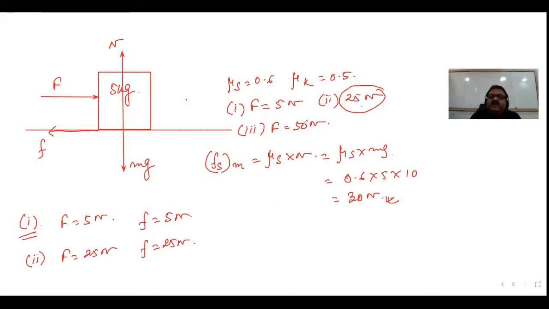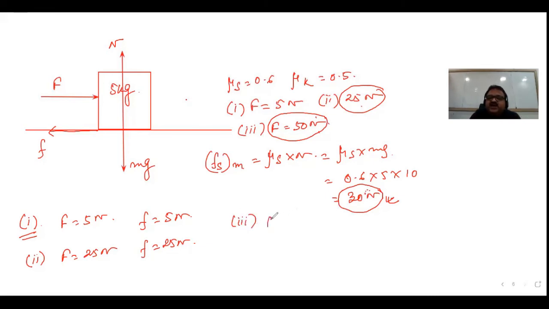But what will happen if the value of the applied force is 50 Newton? Look, it is much higher than the value of the limiting friction. So the body in this case will be in what state? It will be in a state of motion, correct? So what frictional force will come into action? It will be the kinetic friction.